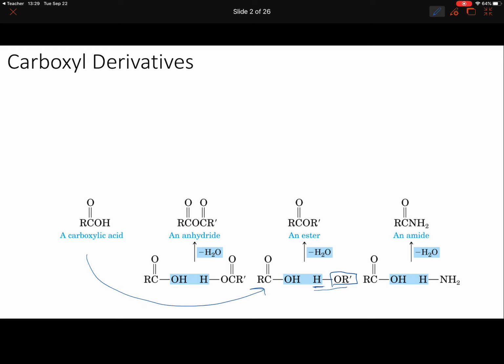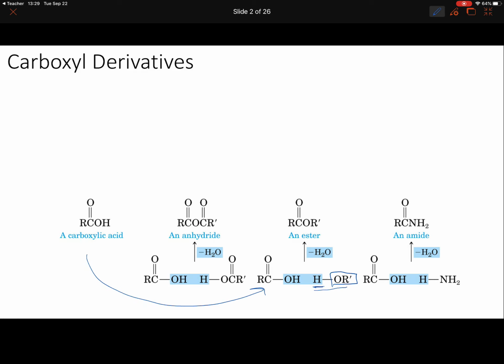Now, primary and secondary alcohols, I believe, are going to be, no, maybe tertiary alcohols can react too. Sorry, I'm overthinking it. I'm thinking of some of our other reactions or oxidations. Any alcohol should be able to do this.